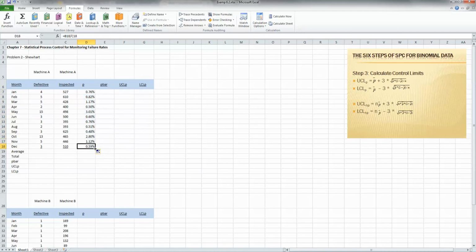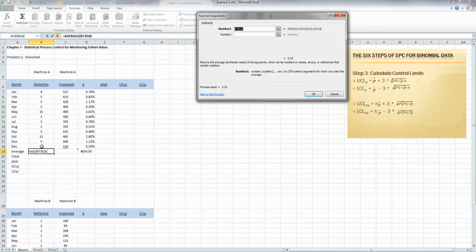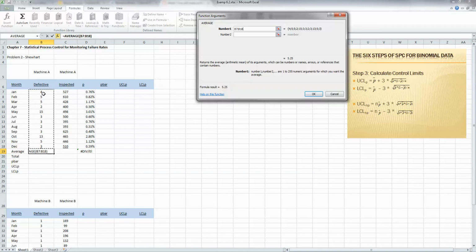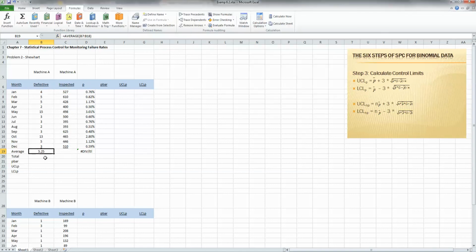We can copy this again. I am not sure if we're going to need the overall. Nope, it's not going to work. There's nothing there. So we need to first calculate the average so we can use that formula. And as you know, we can go up to recently used formulas and click on average, and then drag our cursor across the data that we want averaged, and that gives us 5.25 machines a month on average were defective.